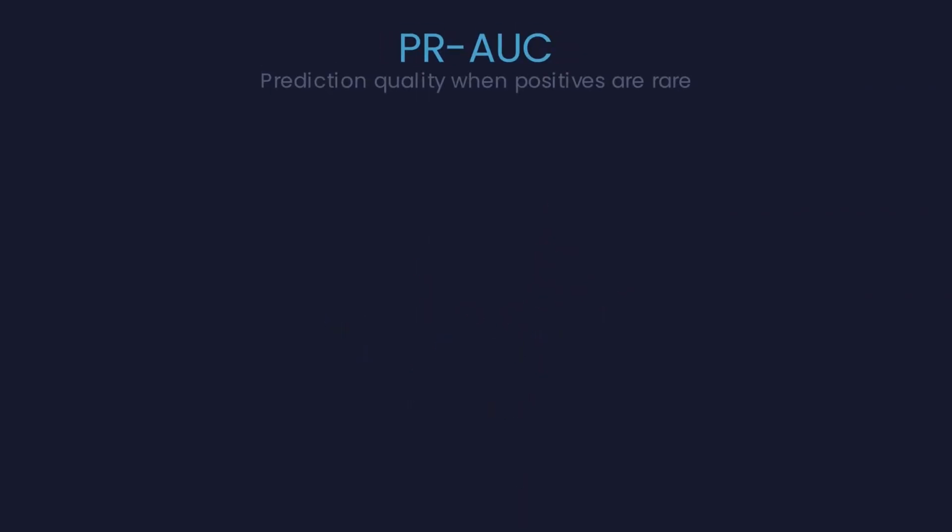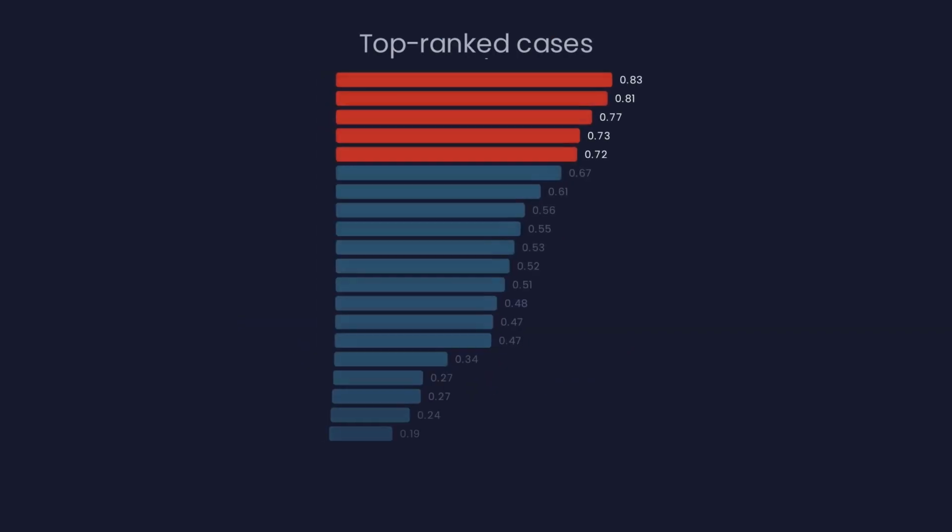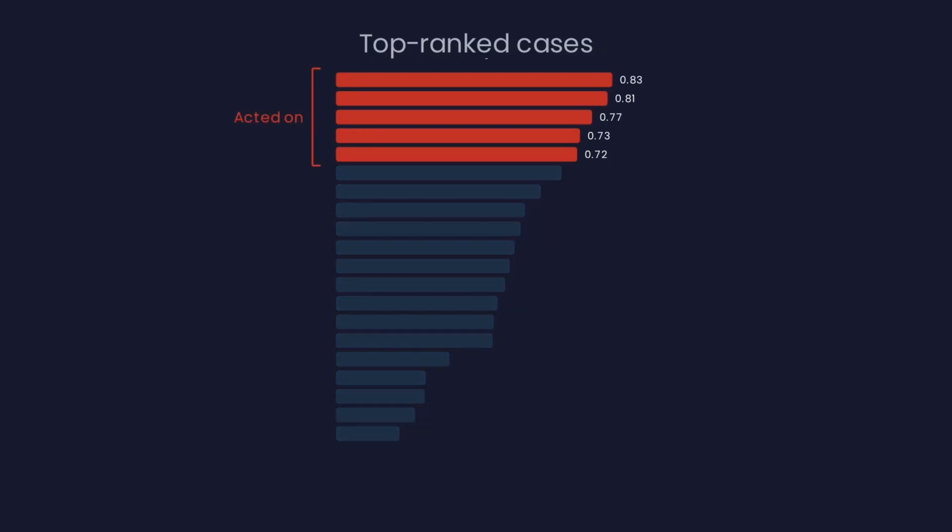Precision-Recall AUC matters more when the positive class is rare, or you care about the quality of positive predictions, or false positives are expensive operationally. Humans or systems act on a limited set of top-ranked cases. And that covers a lot of important real-world enterprise systems.